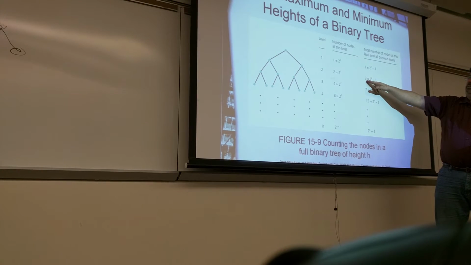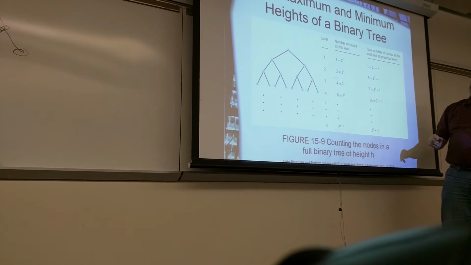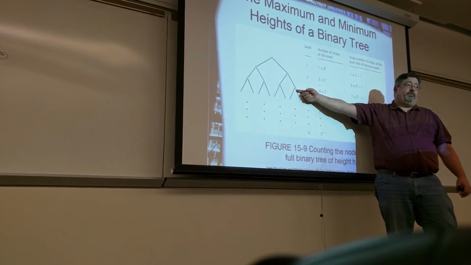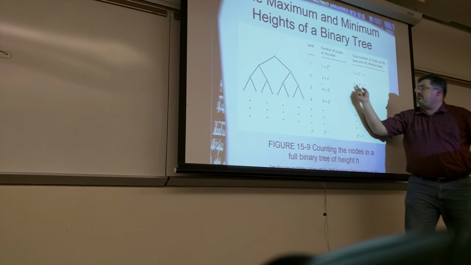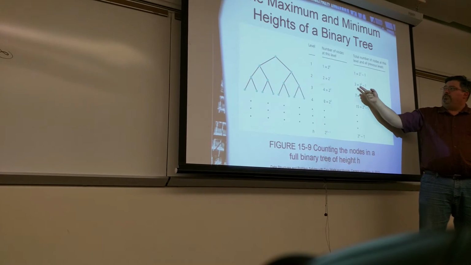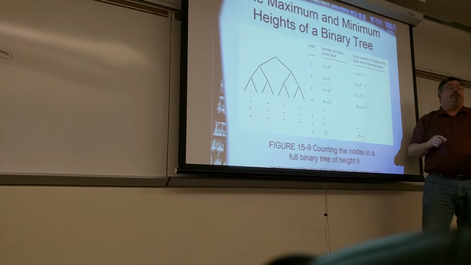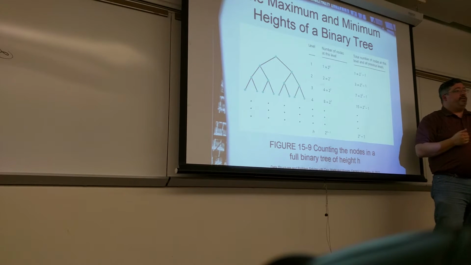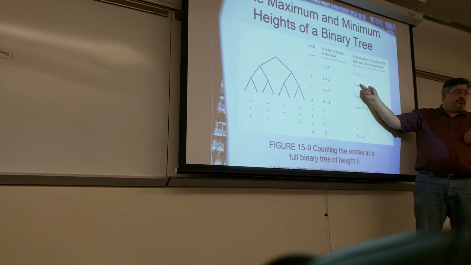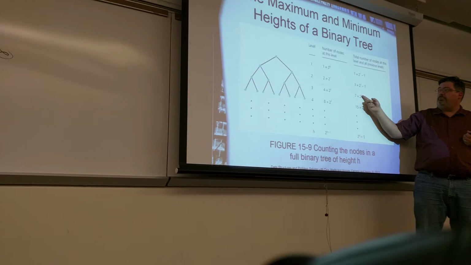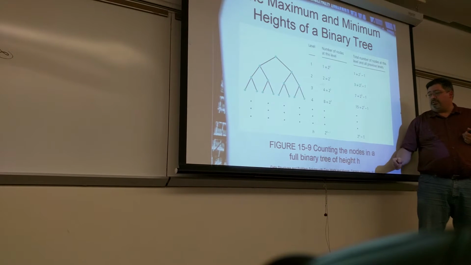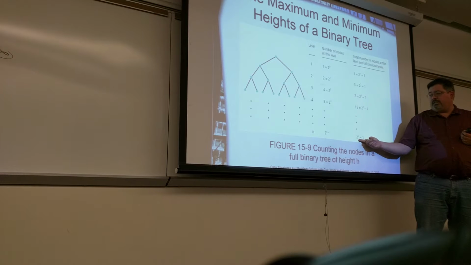So I get 3, and 3 is the next level, minus 1. So it's 2 squared minus 1. So at level 2, the maximum number of nodes my tree can hold is 2 to the 2 minus 1. At level 3, it's 2 to the 3 minus 1, and so on. So at level h, it's 2 to the h minus 1.